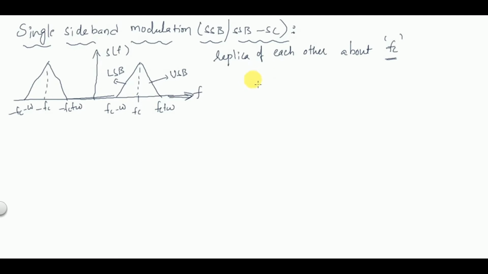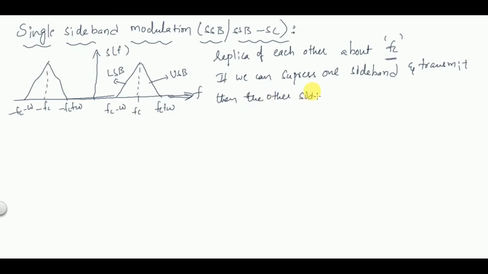So if we can suppress one of the sidebands of the message signal and transmit, then the other sideband can be reproduced comfortably at the receiving end, because they are replicas of each other.